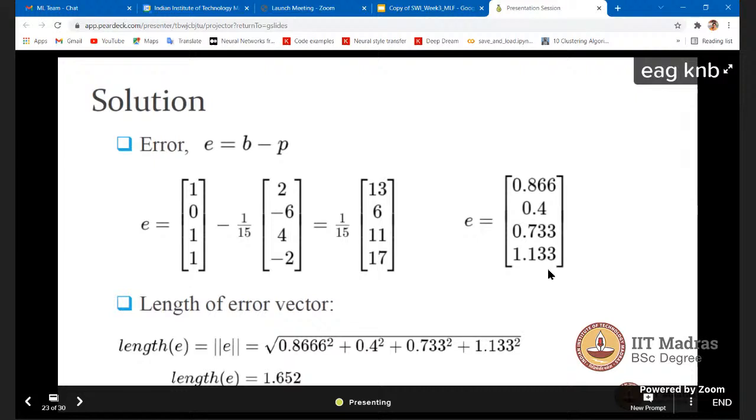I took the error to be P minus B instead of B minus P. Oh, you just reversed it. But even if you take P minus B, when you take the square root of the squares, the negative sign will cancel.